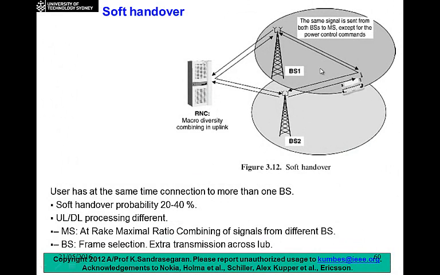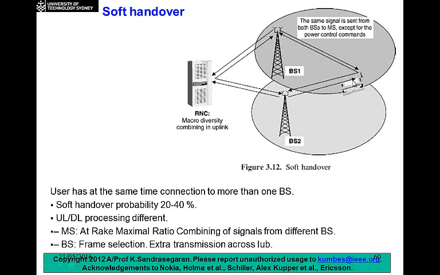A soft handover is a handover between two cells that are served by different base station sites, and it's also possible that these two base stations are served by different RNCs. The probability of this occurring is pretty high in the UMTS system.